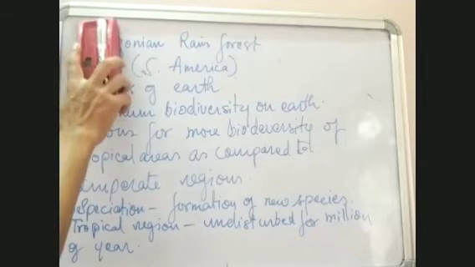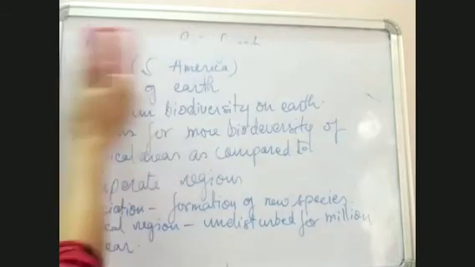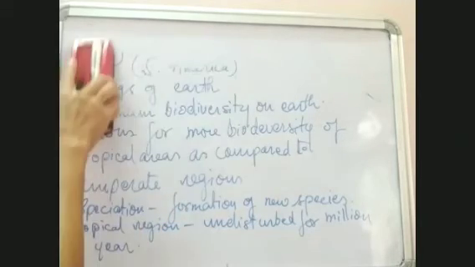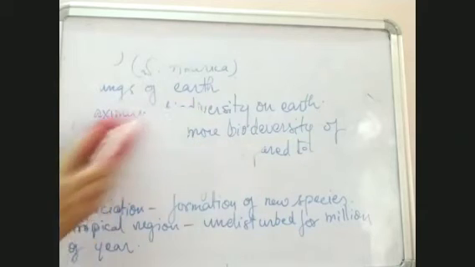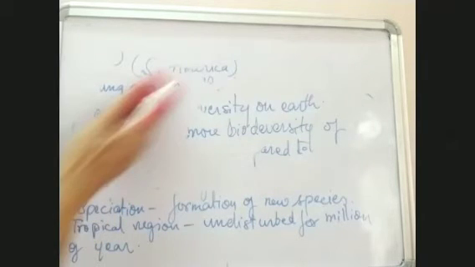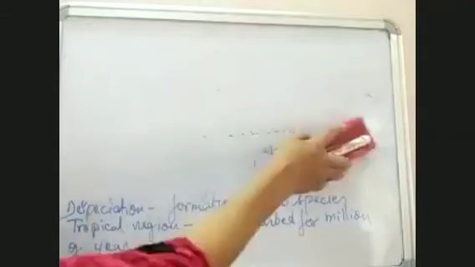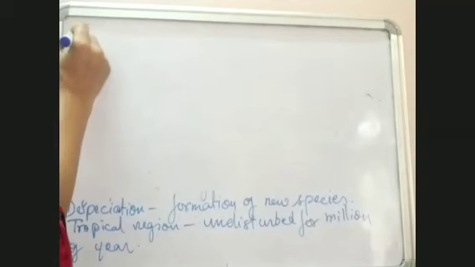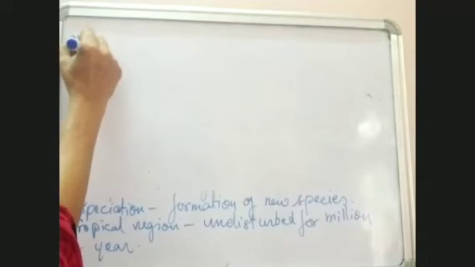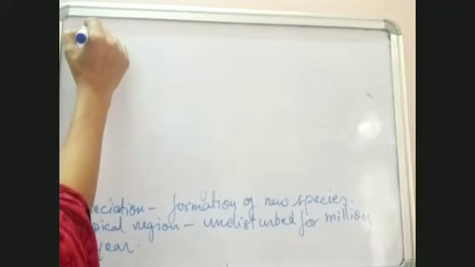We come to the second point. The second point is the tropical environment, or we can say environmental disturbances.